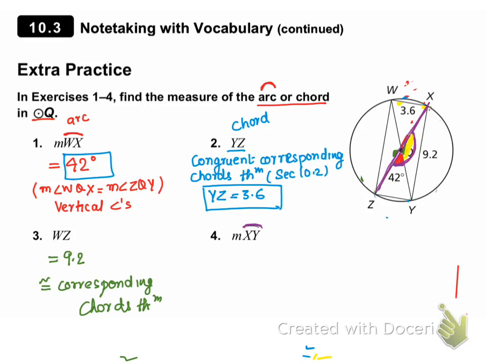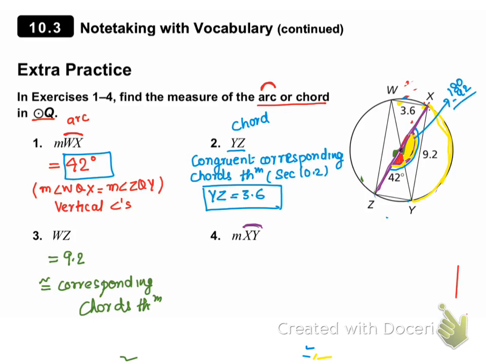I need to know how much this angle is, because this angle will help us find the measurement of this arc. If this is 42, then how much is this? Because the whole angle is 180, this is going to be 180 minus 42.